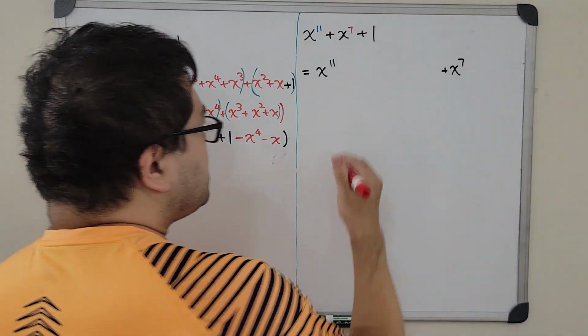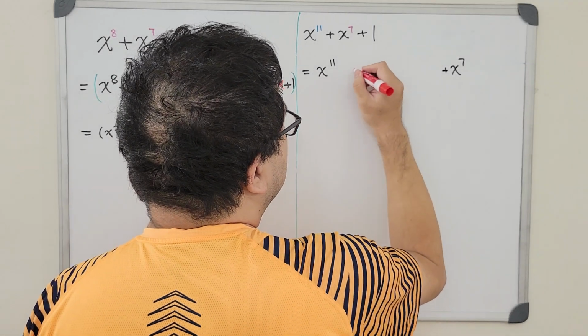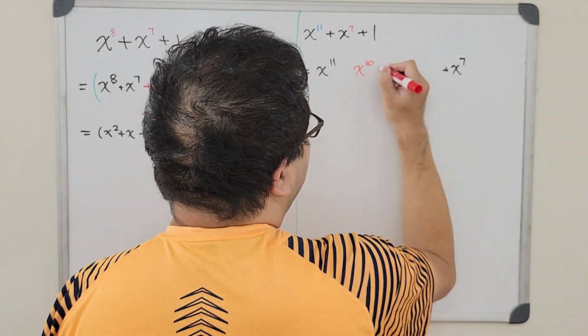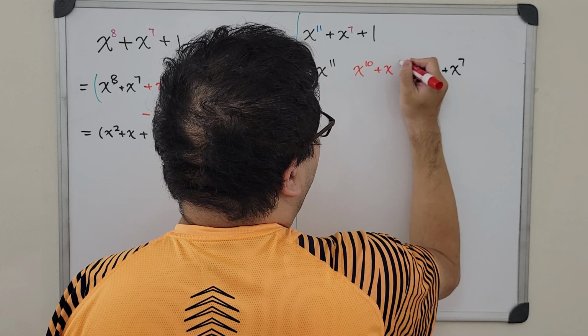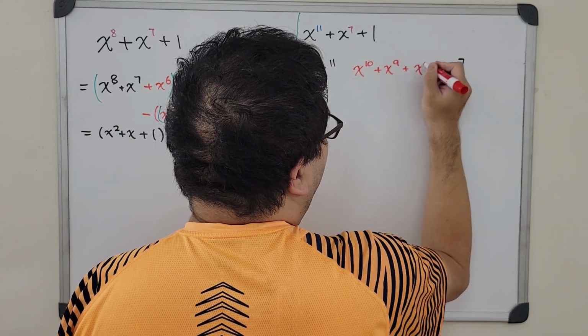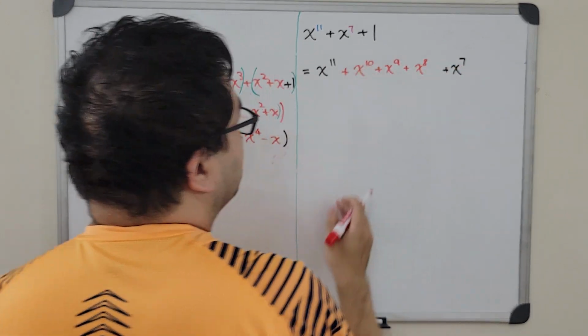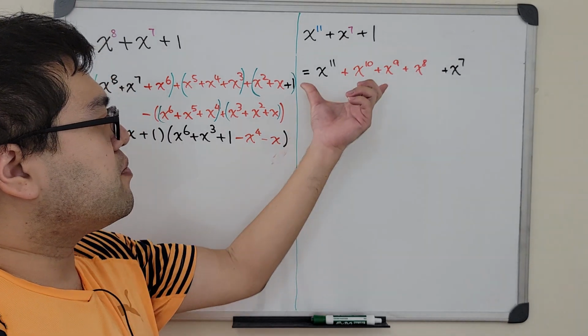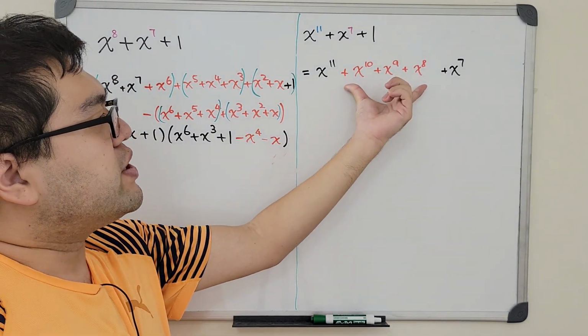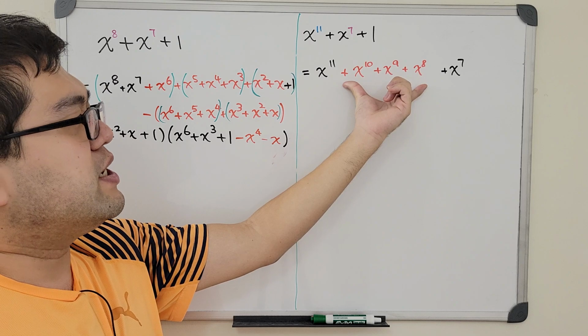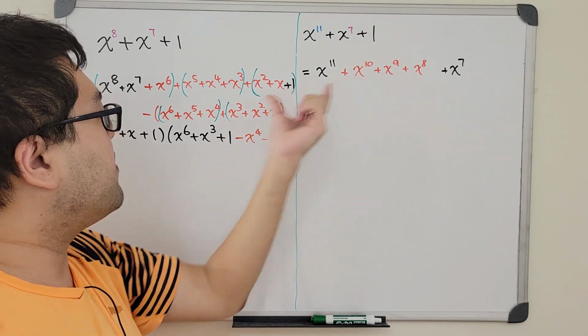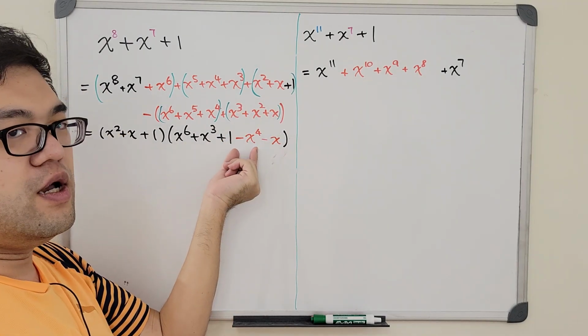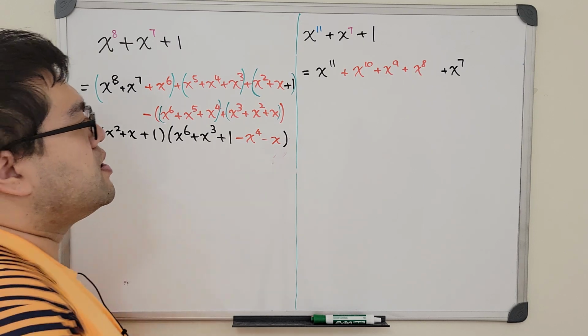But in between, there are 3 terms missing, and there are exactly 3: x to the 10th power, 9th power, and 8th power. So if we try to use the same method by grouping into 3, we now have exactly 3 missing in the middle. So we will be able to factor out and get the subtraction part.